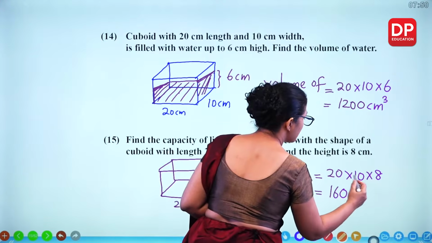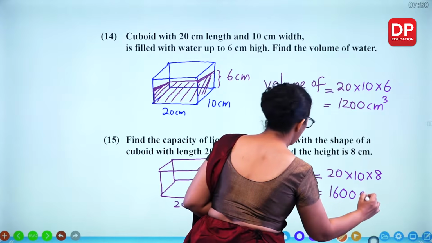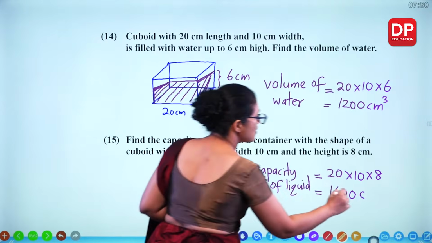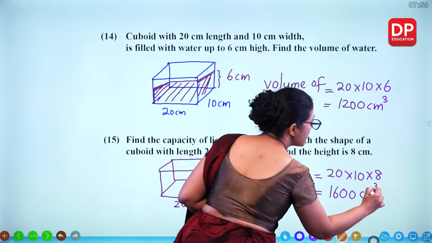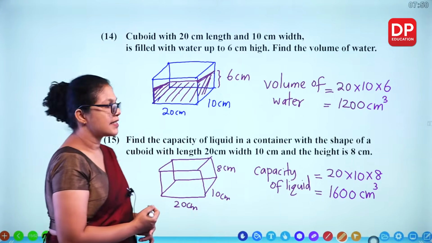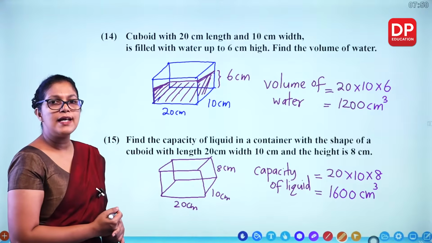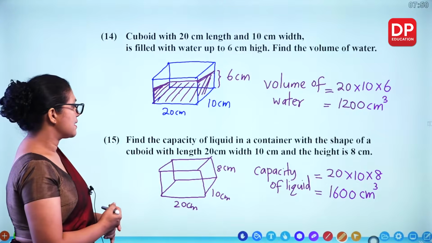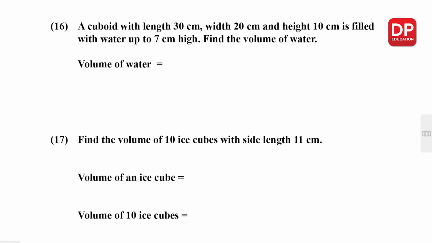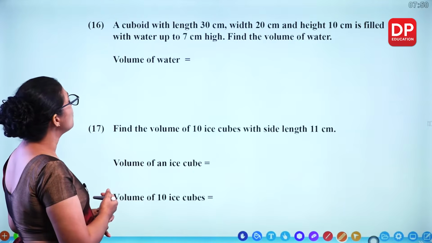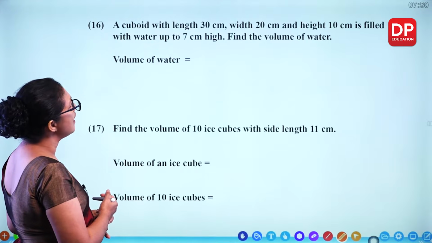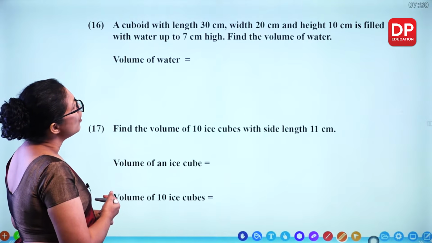So you get 1600 cubic centimeters, because the measurements are given in centimeters. A cuboid with length 30, width 20, and height 10 centimeter is filled with water up to 7 centimeter high. Find the volume of water.